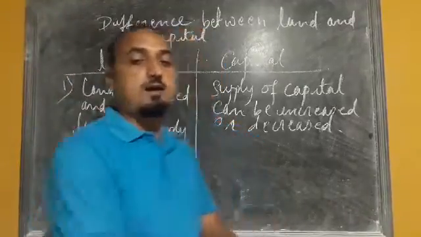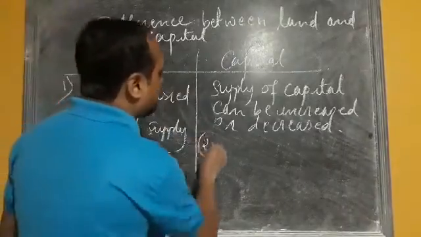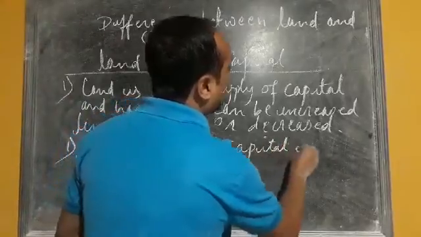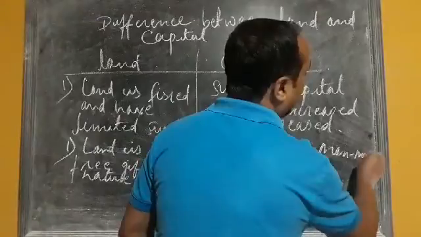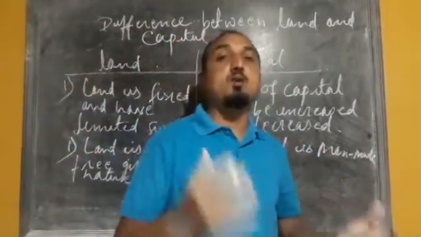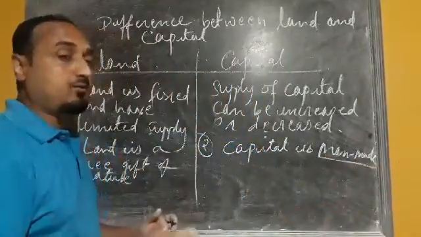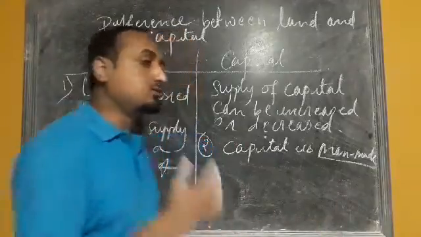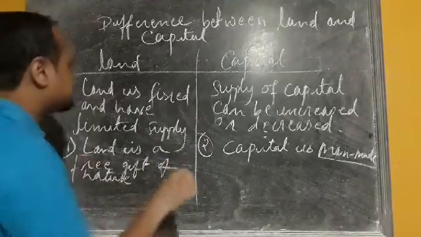Land is a free gift of nature, whereas capital is man made. So this capital, machinery, equipments, all are produced by man, that's why it is called man made. And the land, the surface of soil, sunlight, water, these all are free gifts of nature, so that comes under land.